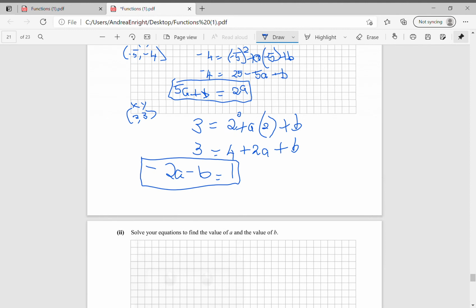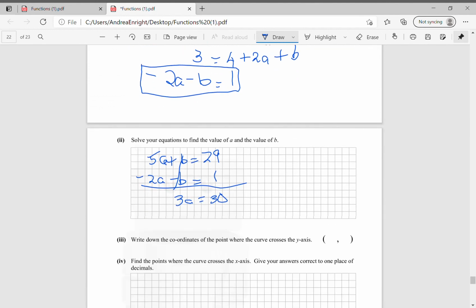Okay, so part 2 of that question says solve. So you'll end up with 5a plus b equals 29, and minus 2a minus b equals 1. They will cancel straight away, right? Okay, and you end up with 3a equals 30. So that just means a is 10.